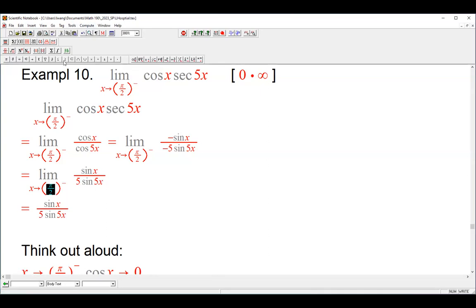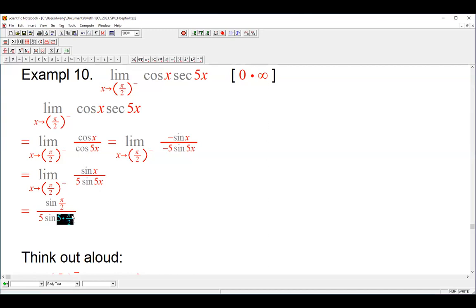So we're going to substitute pi over 2 into x. Remove the limit sign. You no longer need the limit sign. So now what do we got? This is 1, and this is 1 at 5 pi over 2, and there's a 5.